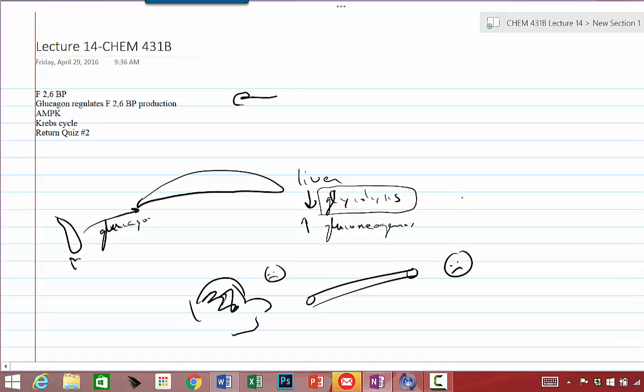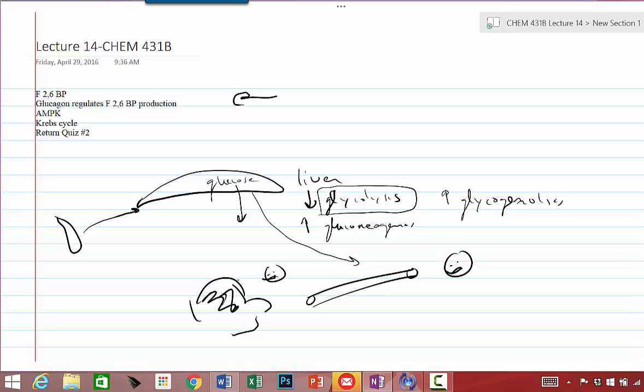It also increases glycogenolysis, which I didn't talk about too much, but that's the breakdown of glycogen. And that way you have a good supply of glucose here, and that glucose then can be exported into the blood so that now these muscles and the brain can be happy and they can survive. So this liver is really important for that.